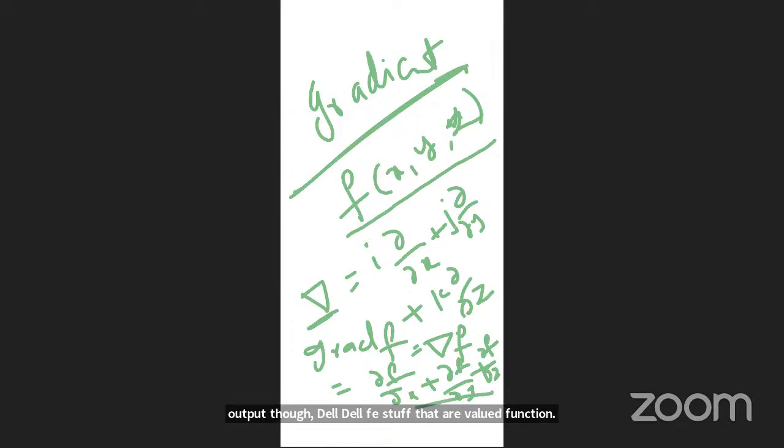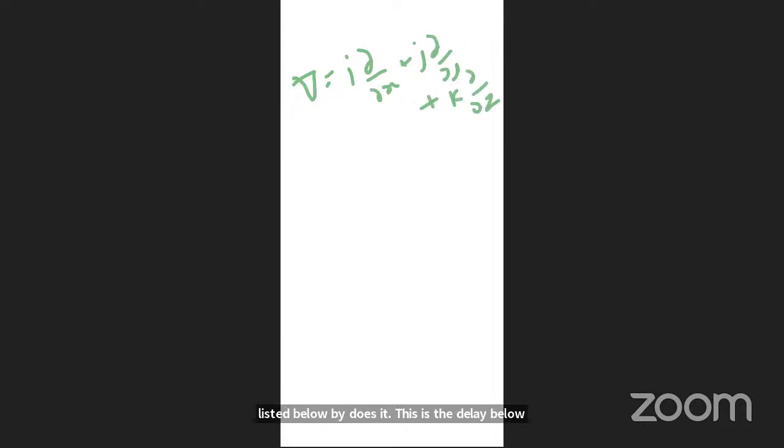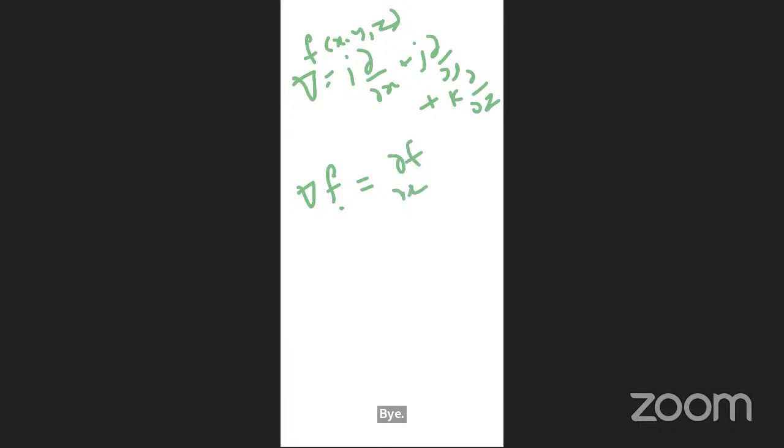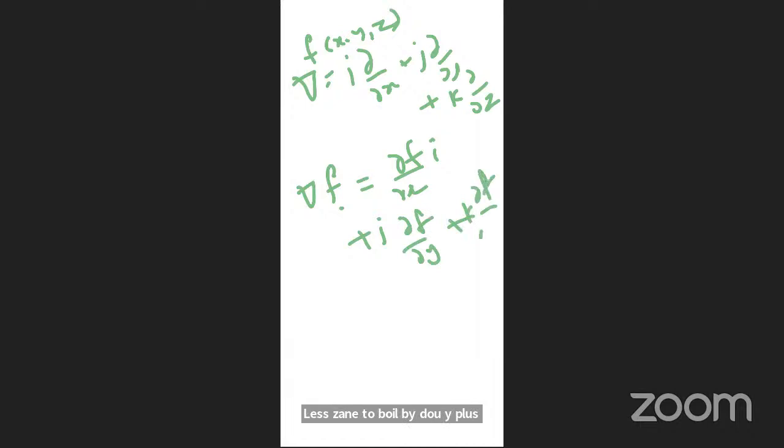Okay, so here del means i dou by dou x plus j dou by dou y plus k dou by dou z. This is the del operator. Then grad f or del f, where f is the scalar valued function f of x comma y comma z. So del f is equal to dou f by dou x into i plus j into dou f by dou y plus k into dou f by dou z.